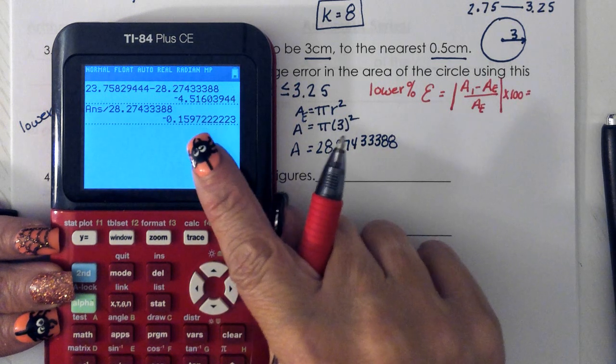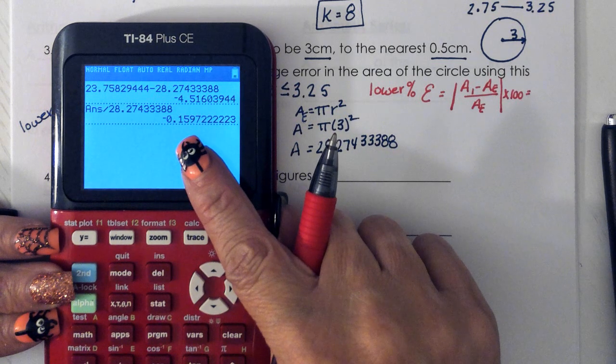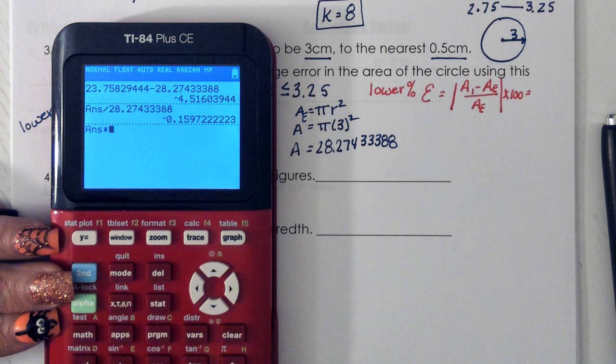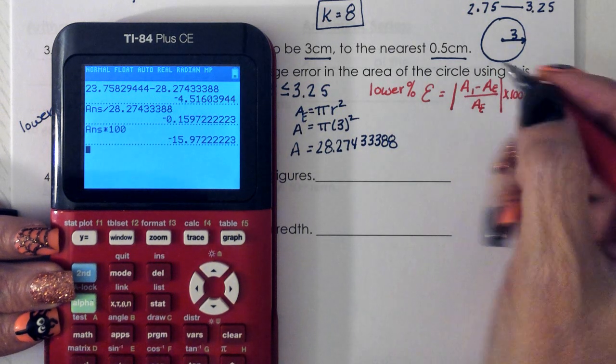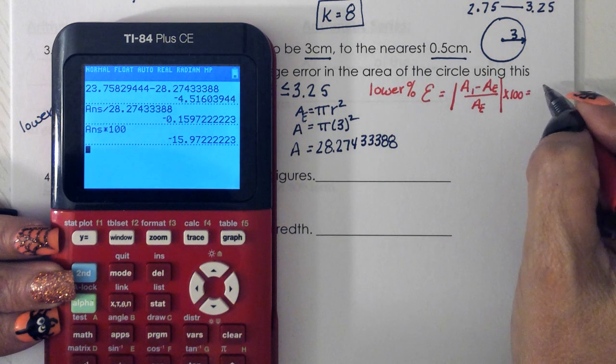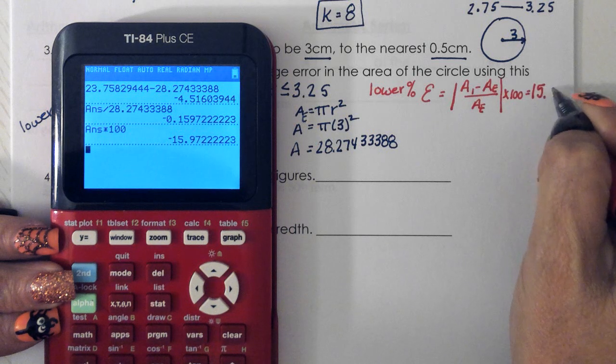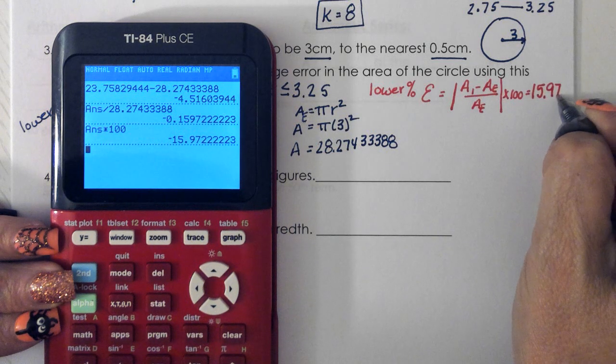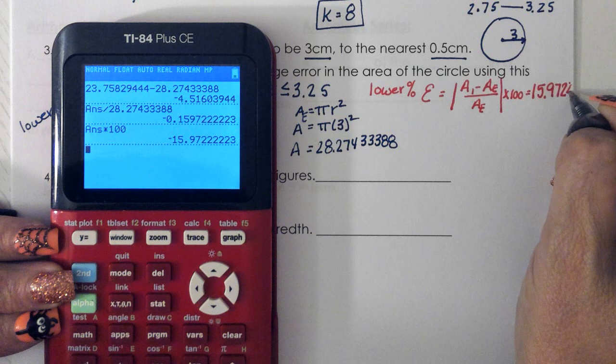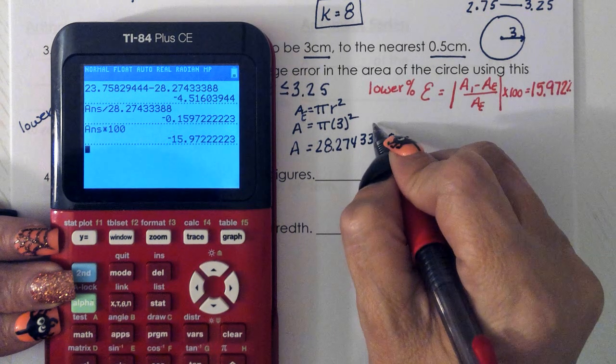Now remember, we're not going to worry about the negative because we're taking the absolute value of it, but we are going to say times 100. So this gave us 15.972%.